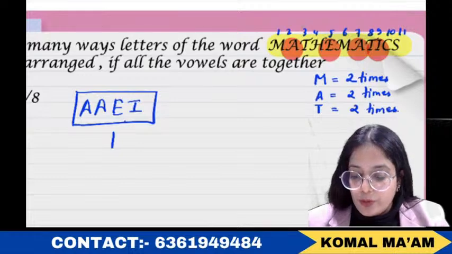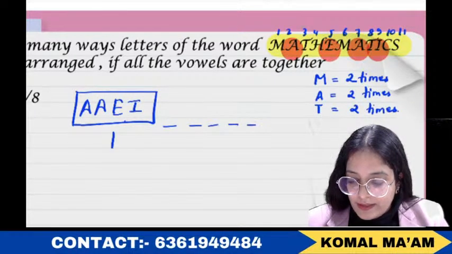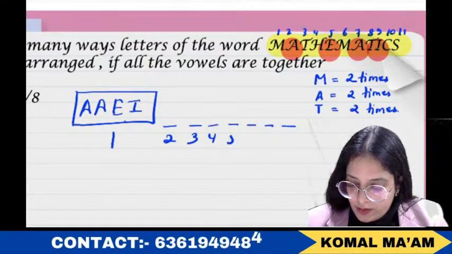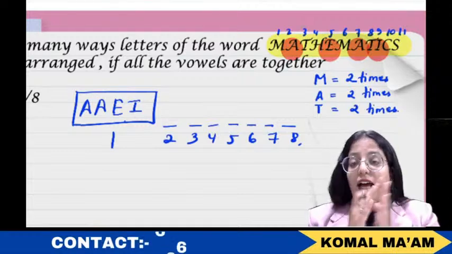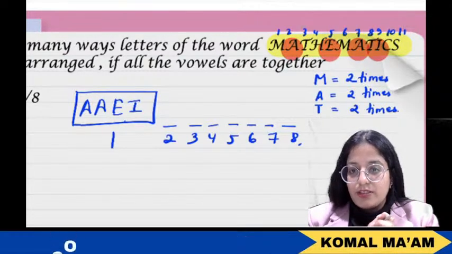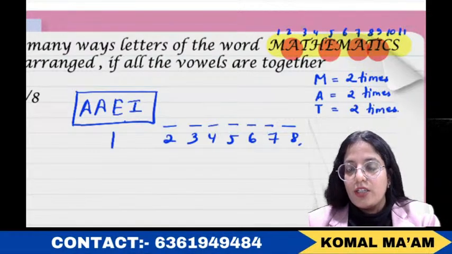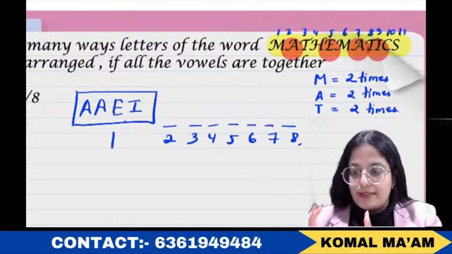So how many more positions? 7 more positions. 2, 3, 4, 5, 6, 7. Okay, 8. 2, 3, 4, 5, 6, 7, 8. So after applying this condition, we have 8 letters to occupy 8 places, right?